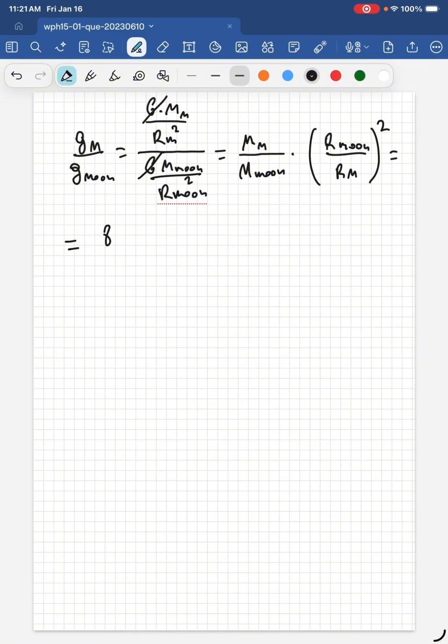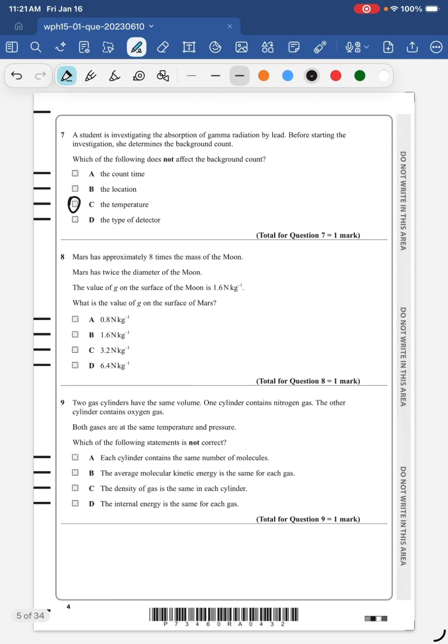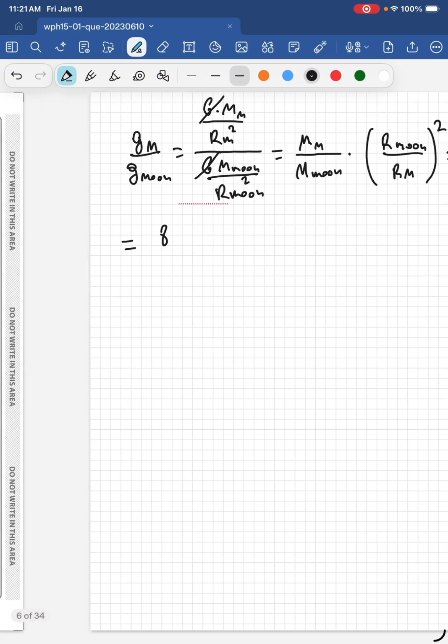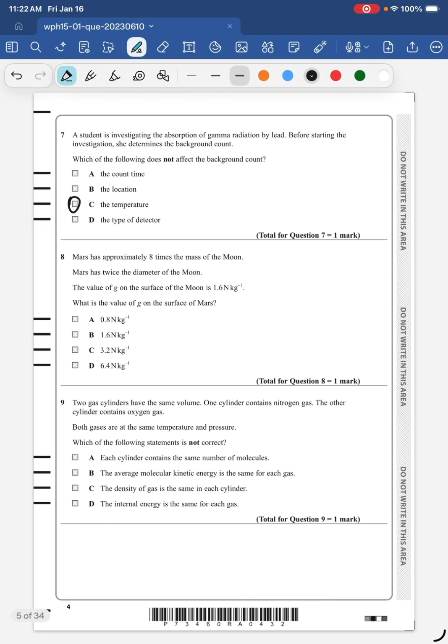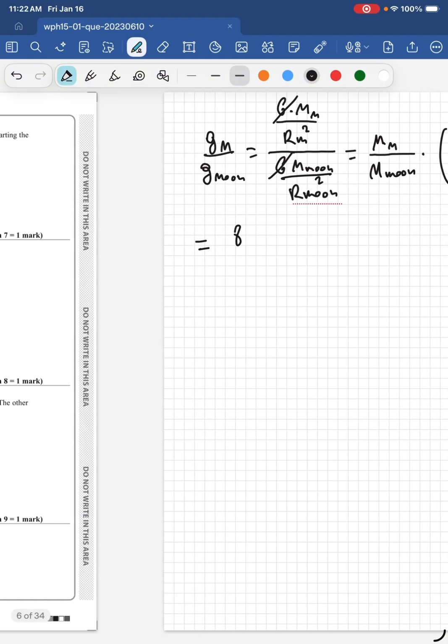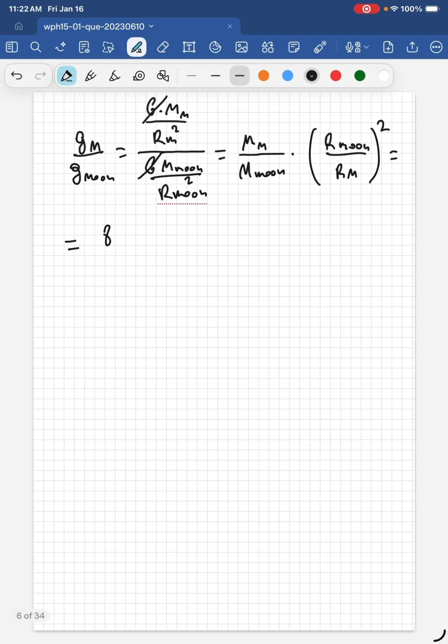And then we have to recall that the ratio of the radii is equal to the ratio of the diameters, right? And they tell us that Mars has twice the diameter of the Moon, so we have 1/2 squared, which gives you 1/4, so 2.